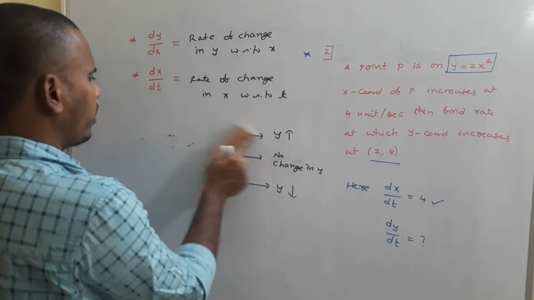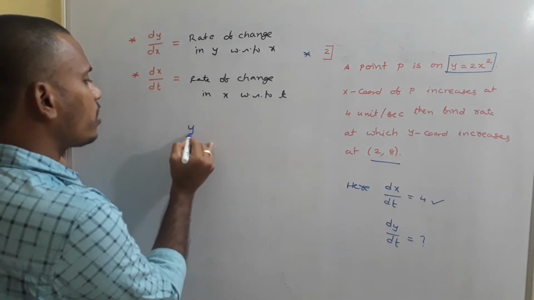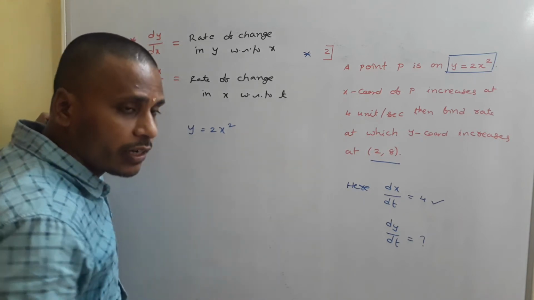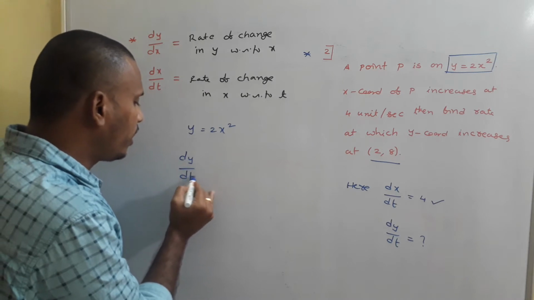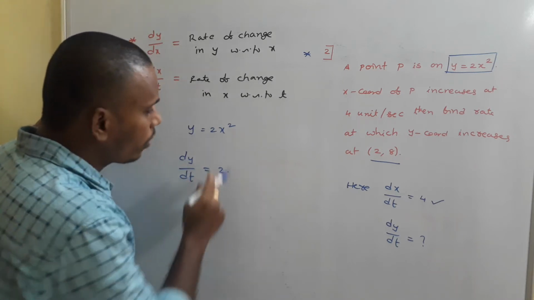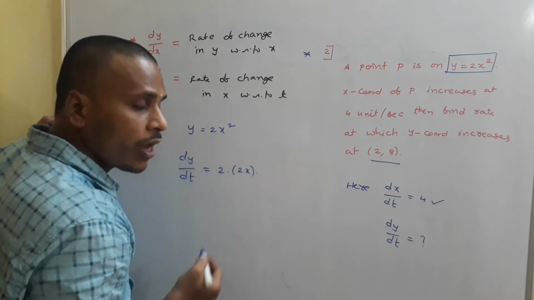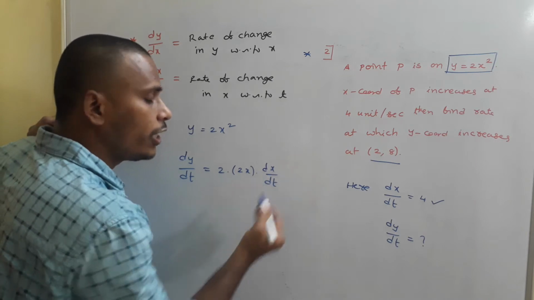Okay, I am erasing this. The given curve equation is y equals 2x square. You just differentiate it with respect to t. dy by dt is equal to 2 into, what is the derivative of x square? For x square it is 2x, and since we are differentiating with respect to t, into dx by dt we need to write.